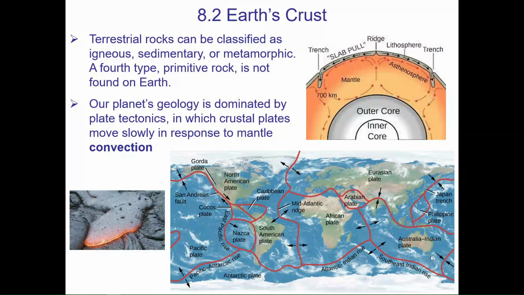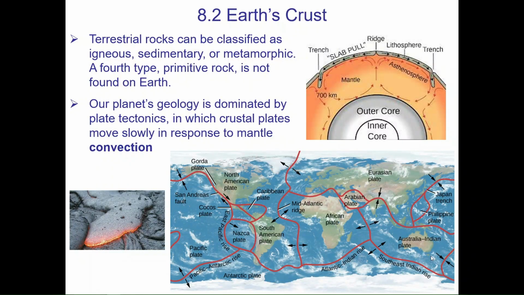Next, let's look in a little more detail at Earth's crust, because that is the part we actually live on, and we have a lot of observations and know a lot of information about it. So first of all, you may already know that Earth's crust is primarily made from rock. The terrestrial rocks can be classified into 4 different types.